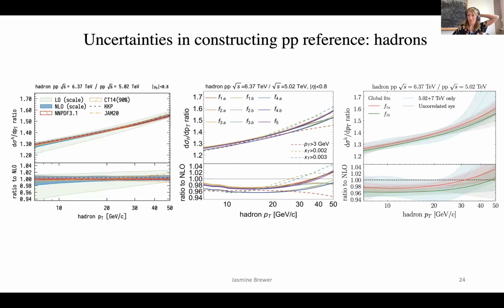So this is just a summary of things that I've already showed you, but essentially using these 3 different methods, we were able to assess the impact on the uncertainties of constructing a reference from a variety of different methods. So at least trusting the perturbative QCD results, we had few percent scale uncertainties on the hadron spectra.